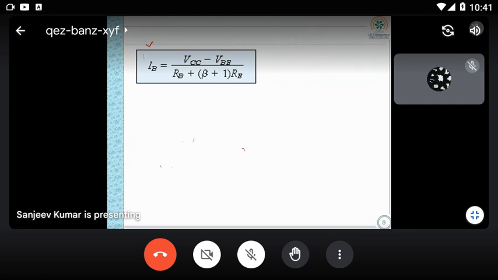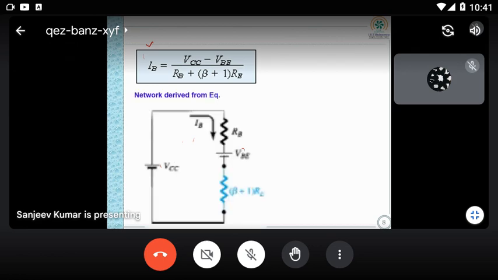Based upon this expression you can redraw your input circuit, where the voltage divider principle is applied. Total voltage divided by total impedance: the total voltage is VCC minus VB, and the total impedance is RB plus (beta plus 1) RE. This is not required, it is for your information only.